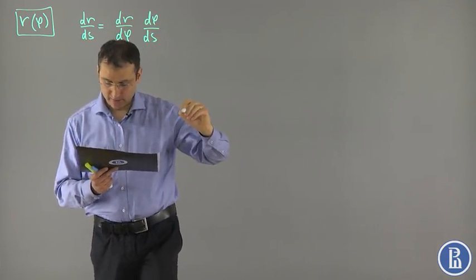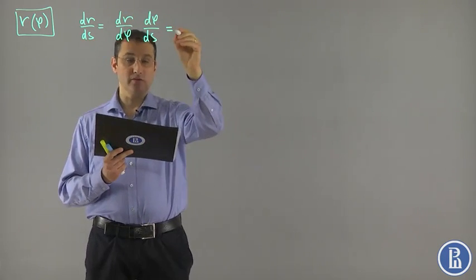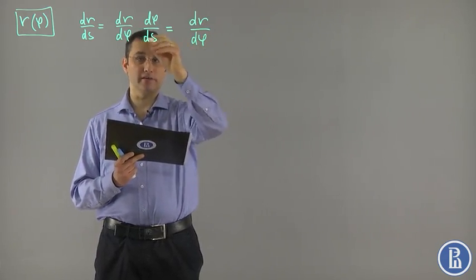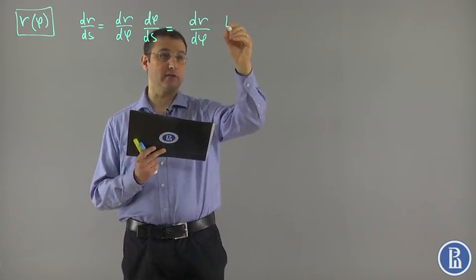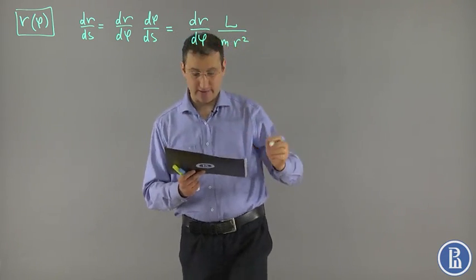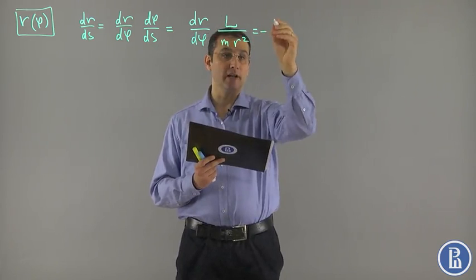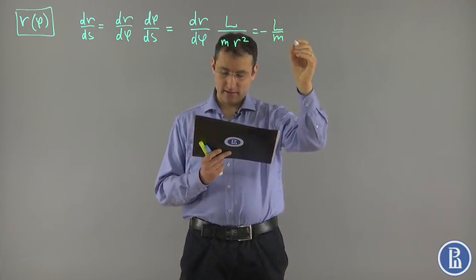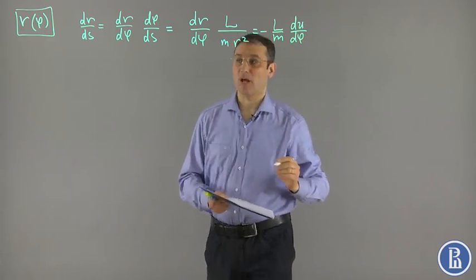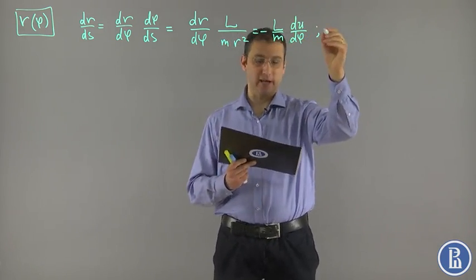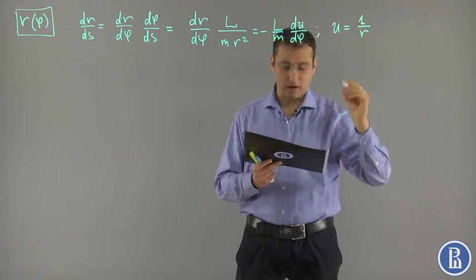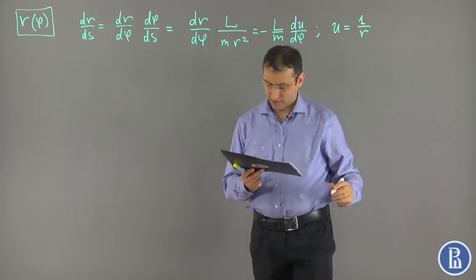This d phi over ds can be expressed with the use of the conservation law as L divided by m r squared, and then this can be written as minus L over m du over d phi, where we have introduced the notation that u is equal to 1 over r.